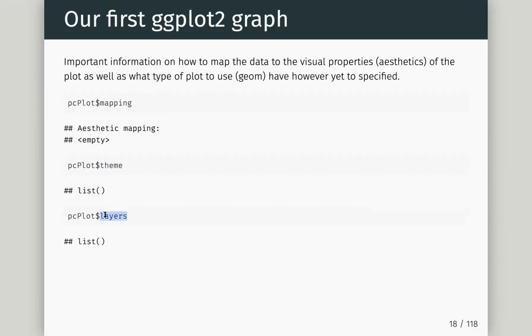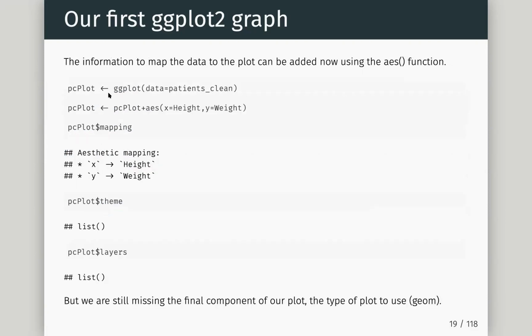And if we look in the layers, this is where our geoms go. So all we've got here at the moment is data. So we can add to our ggplot, and this is a really nice feature of ggplots, is this way that you can add additional elements to your ggplot. It's not like pen and paper, you're adding to the plot, you're adding to your blueprints here.